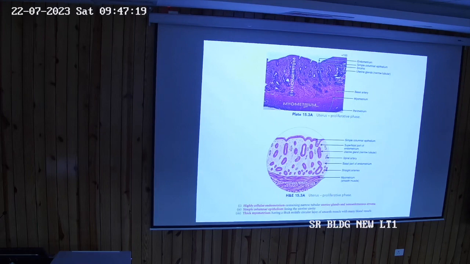That is the general picture of the uterus: simple columnar epithelium, lamina propria showing a large number of uterine glands, blood vessels, nerves, and lymphatics, and a muscle coat with smooth muscle fibers in all directions, whether oblique, circular, or otherwise.